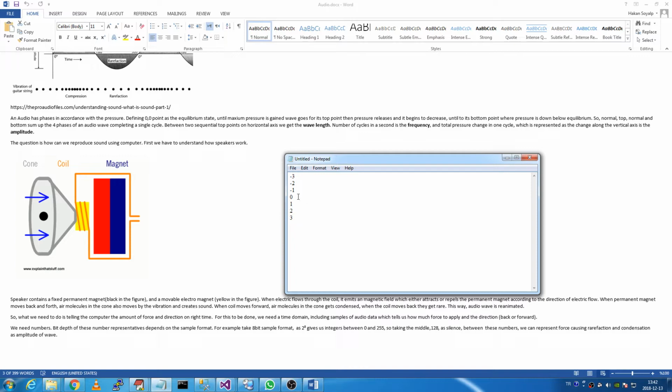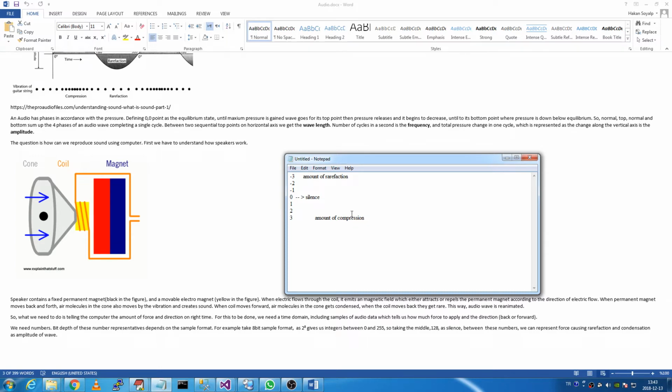Here, you take 0 as the silent point, and below 0 you take these numbers, which you can use to show the amount of rarefaction, for example, and above 0 you can use these numbers as the amount of compression.